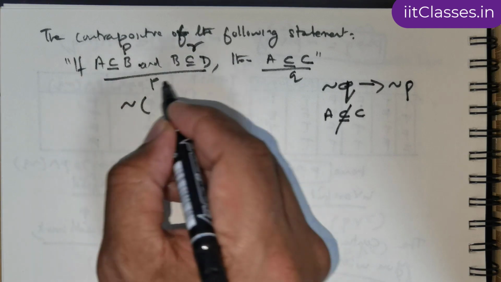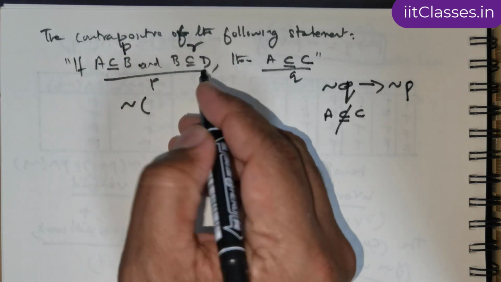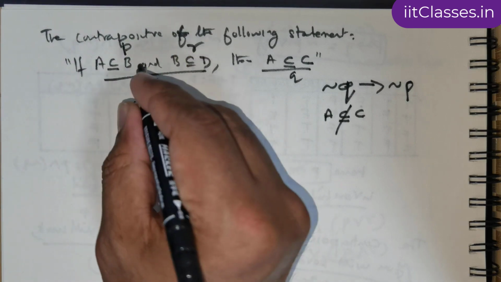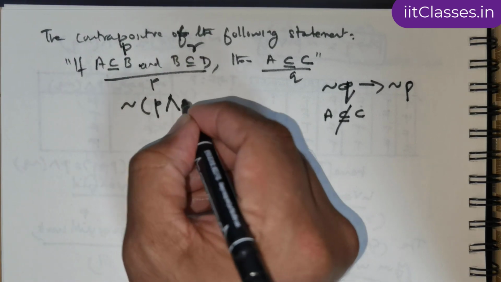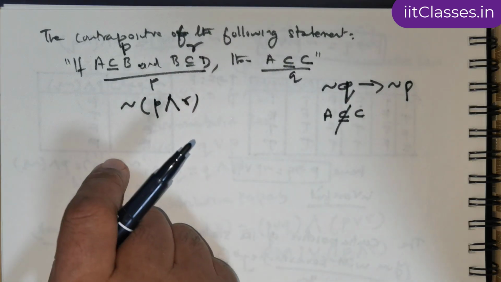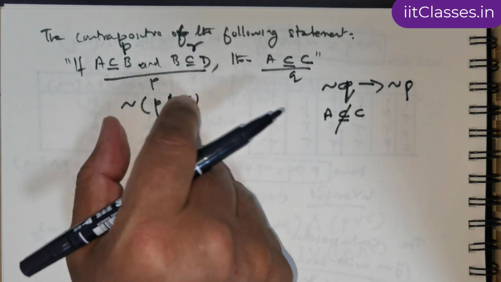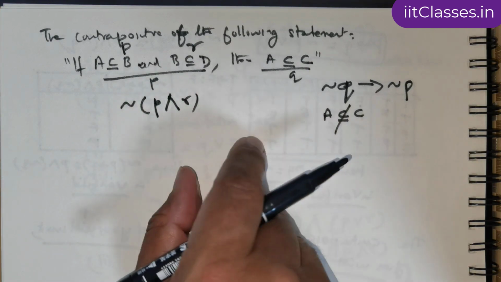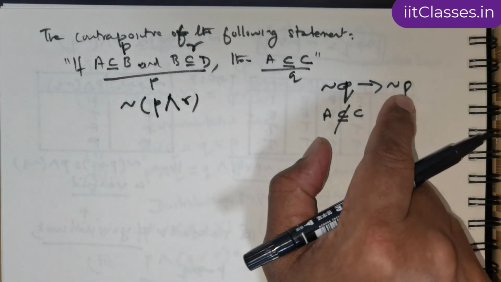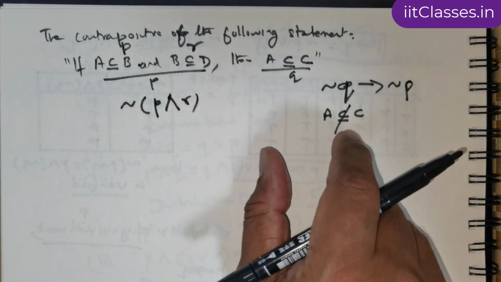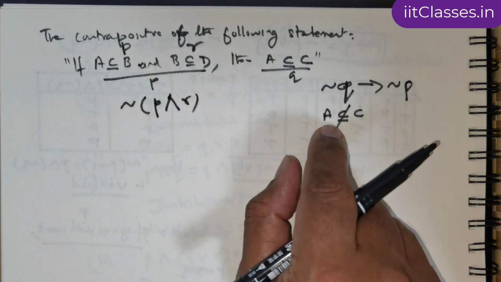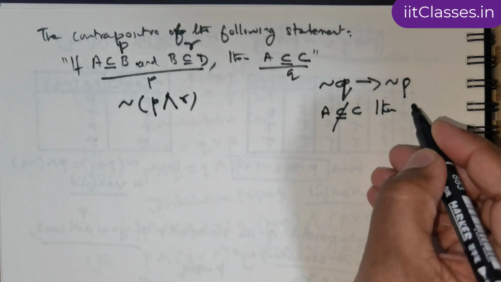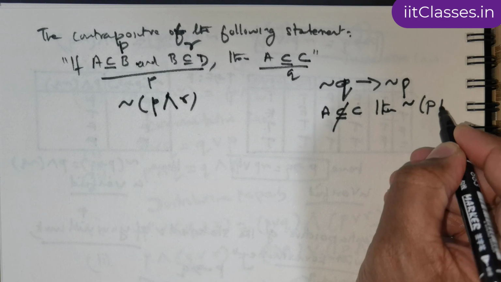Instead of taking it as P, I'm splitting it as P and R. So we are actually looking at the negation of P conjunction R. So this is the subsequent follow-up. So the negation of Q conditional negation of P would be, starting with the first part, A not a subset of C, then we would have the negation of P conjunction R.